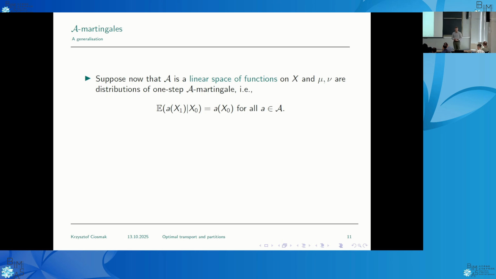So perhaps we can obtain some dimension reduction using a different version of the previous problem. Now let us take A to be a linear subspace of functions on some space X. And let us assume that we have two measures mu and nu, which are distributions of a one-step A-martingale. By A-martingale, I mean such a pair of random variables x0 and x1, such that the conditional expectation of A of x1 with respect to x0 is equal to A of x0, and this is supposed to happen for all functions in our linear space.